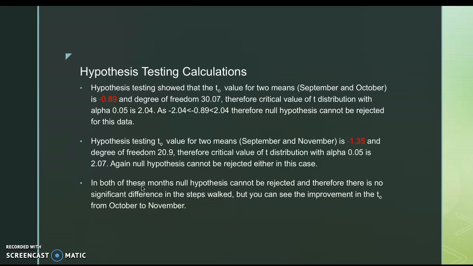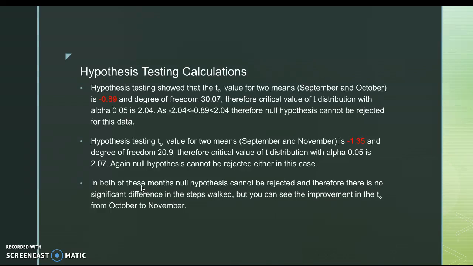I did the same thing for the data for September and November, and I got a t0 value of negative 1.35, and the degree of freedom this time was 20.9. Therefore, the critical value of the t-distribution, considering alpha 0.05, is 2.07. Again, negative 1.35 is between negative 2.07 and positive 2.07, so I cannot reject the null hypothesis this time either.